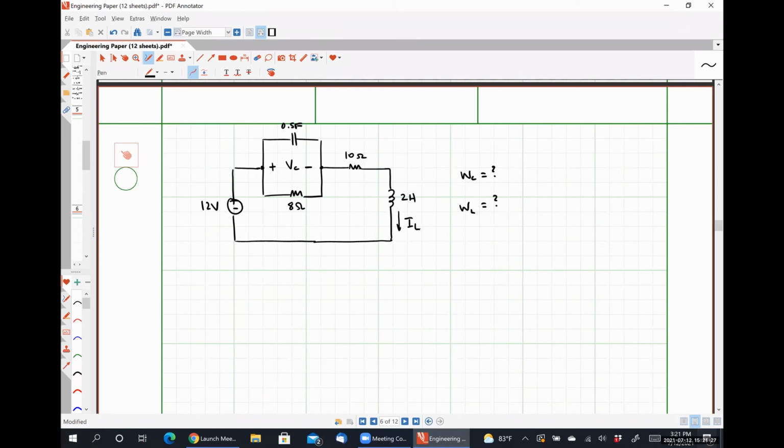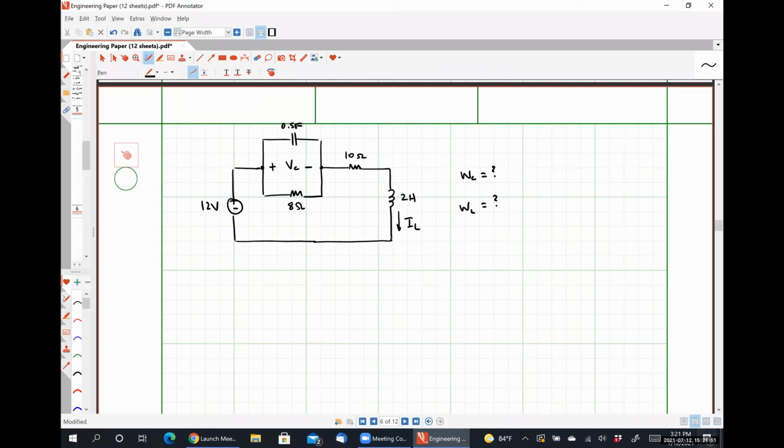So, another question, I hope easy. Is this a DC circuit or a non-DC circuit? DC. All right, it is a DC circuit because our only source in the system is a DC source.